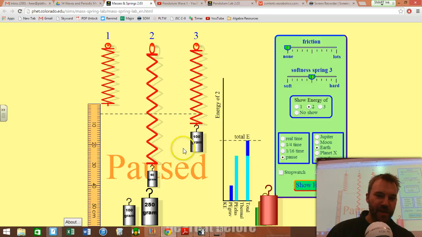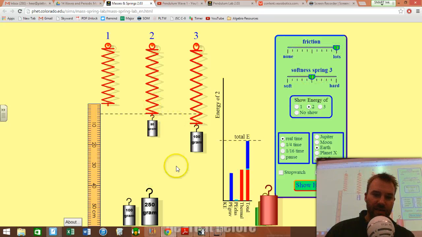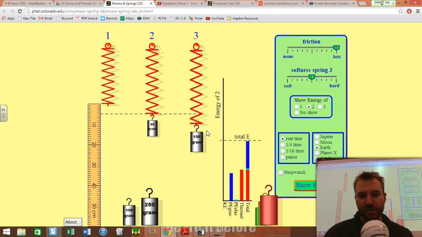Pause it at the very bottom. It's stopped right now, so there's no kinetic energy. It still has some gravitational potential and potential that's stored in the spring. Slow it down. Now all that gets lost to thermal energy. So when you have friction, you have some thermal energy also.